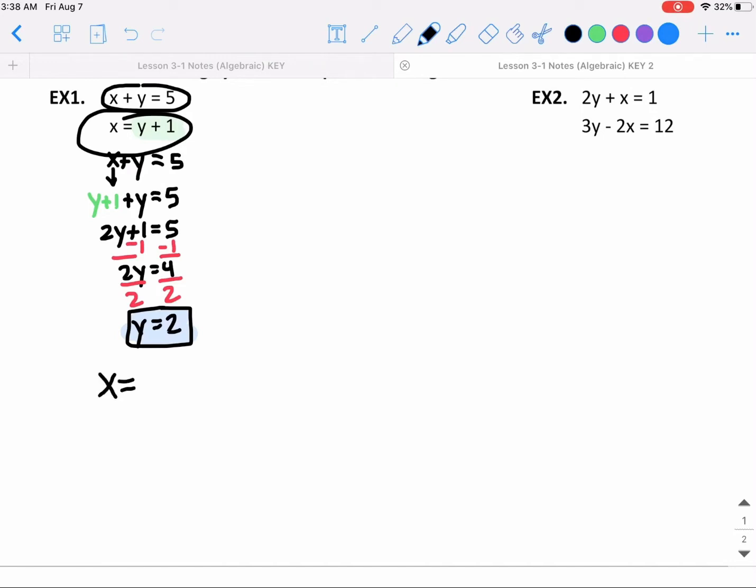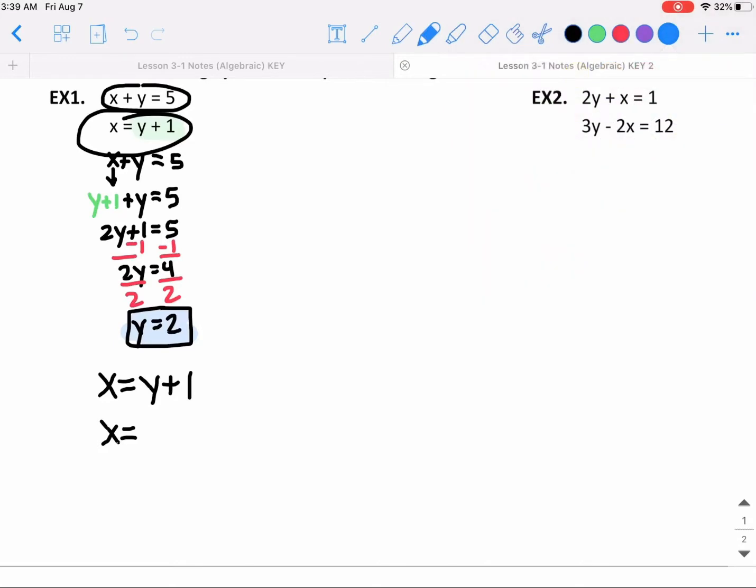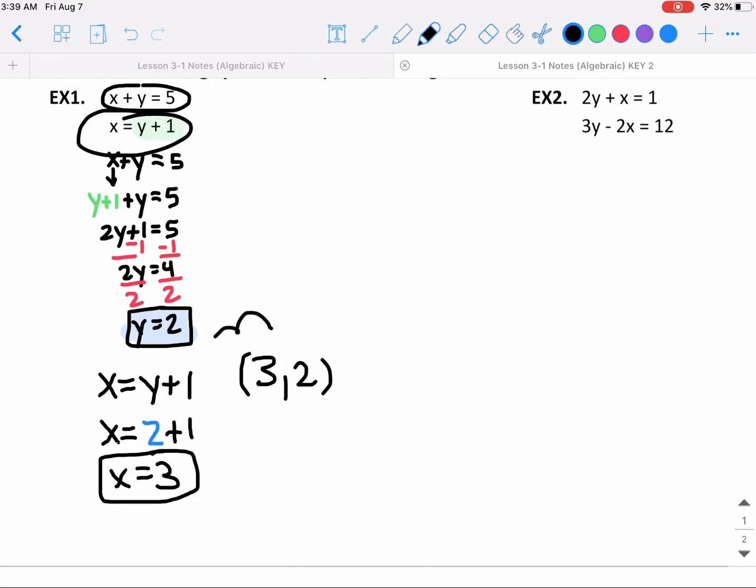So I have x is equal to y plus 1 is the equation I'm going to use, and I'm going to plug in that y is equal to 2. So y is 2. I get x is equal to 3. So I have x is 3, y is 2. The solution to this system is (3, 2). That's my solution.